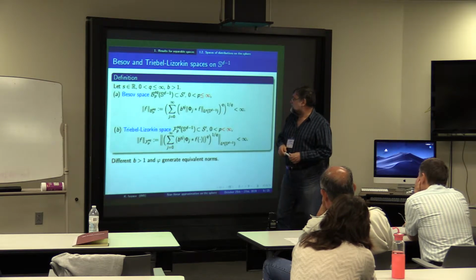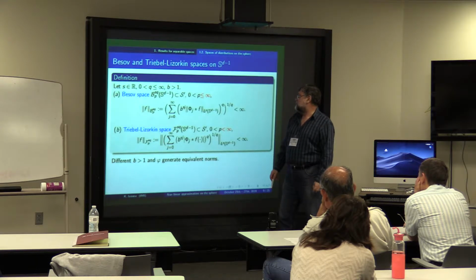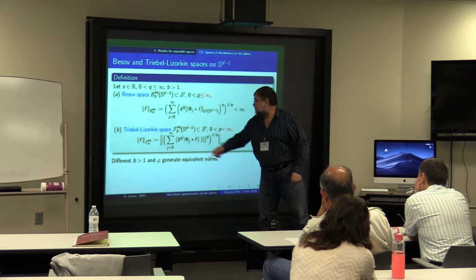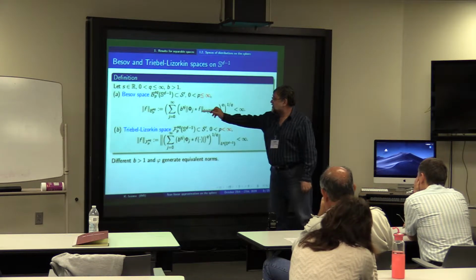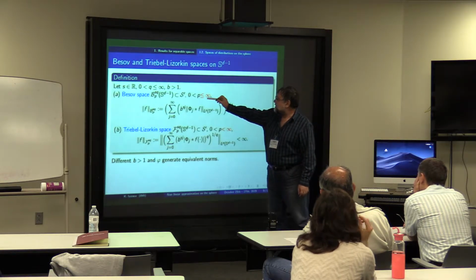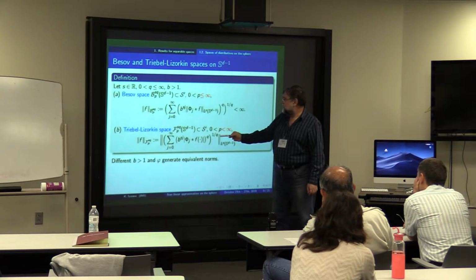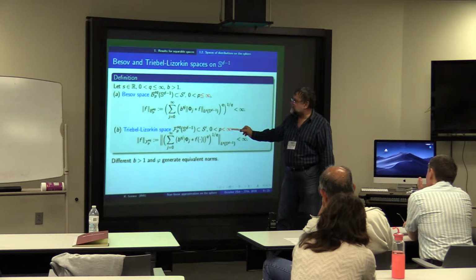Okay, both of these are spaces of distributions, and for some parameters, when the smoothness is enough, you have spaces of functions. One specific difference: the Besov space is defined for p less or equal to infinity. The Triebel-Lizorkin space is defined in this manner for p less than infinity.